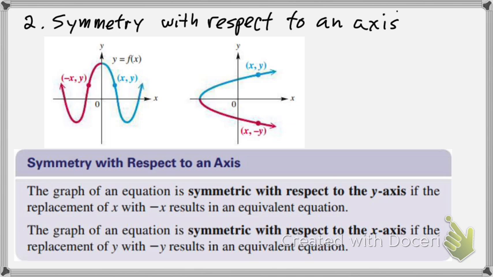If you look at the blue graph and the red graph, they are symmetric around the y-axis. What's changing there, the x's or the y's? The x's. So right here I've got some value of x. On the other side, I've got negative that value of x. So if we want symmetry around the y-axis, all that's changing are the x's. That's another way of saying what we just said.